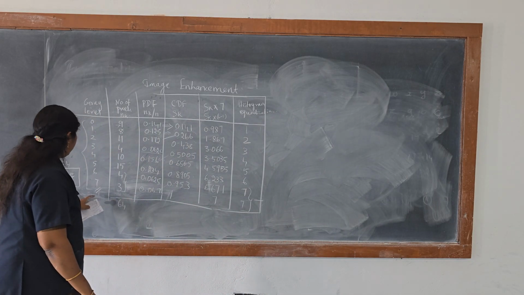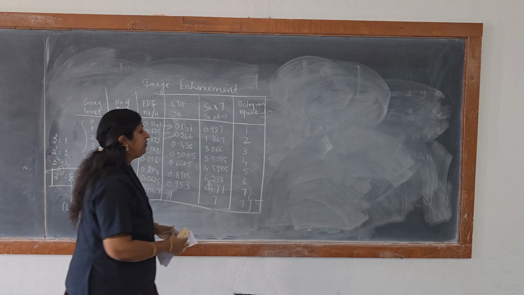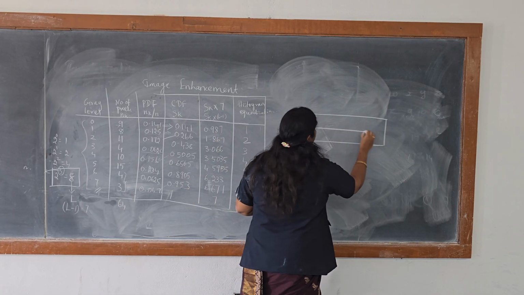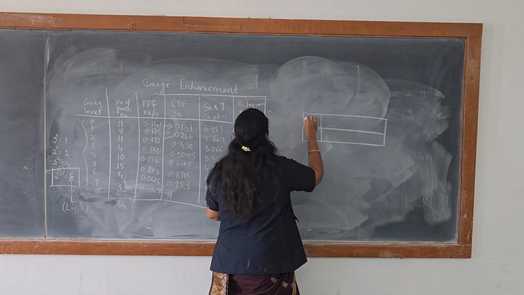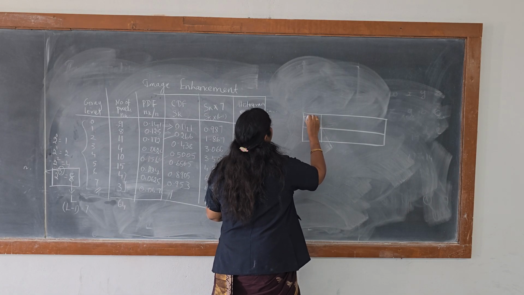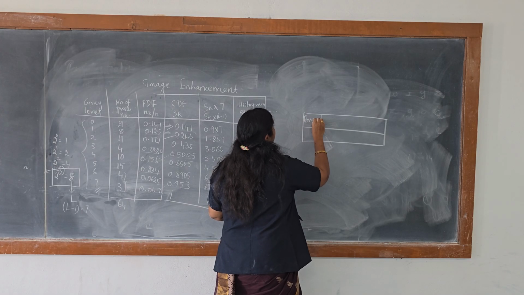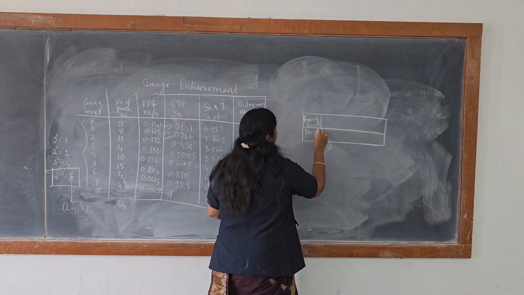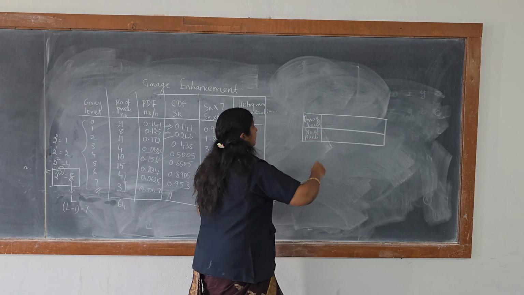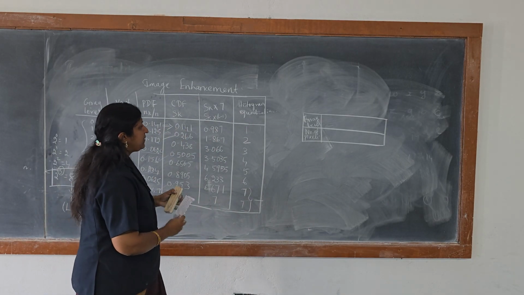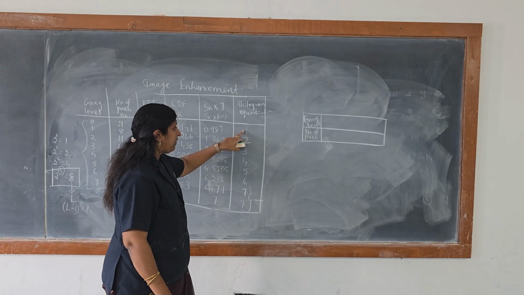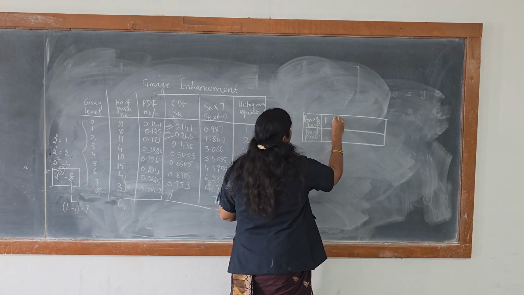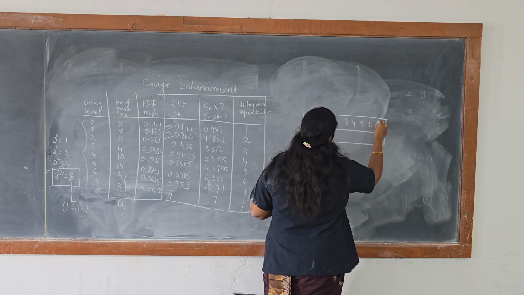And now from this table we can draw the histogram table. Here also the pixel grayscale value level, gray level, and the number of pixels. Write it here. The pixel values in the histogram equalization are 1, 2, 3, 4, 5, 6 and 7.